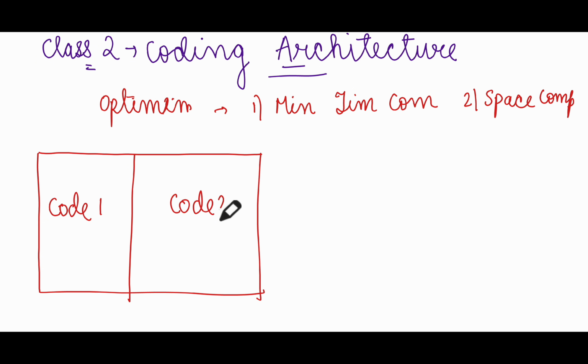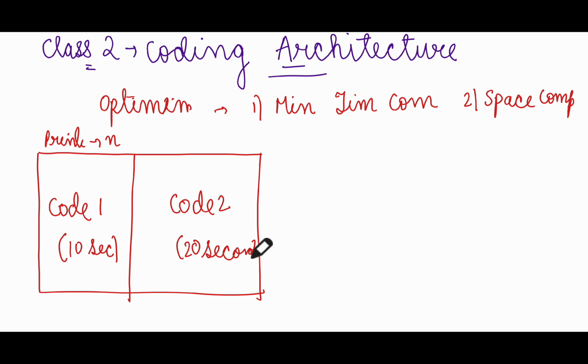Both codes are generating the same thing. For example, both are printing the first n natural numbers. Code 1 takes, for example, 10 seconds to run, and code 2 takes 20 seconds to run.